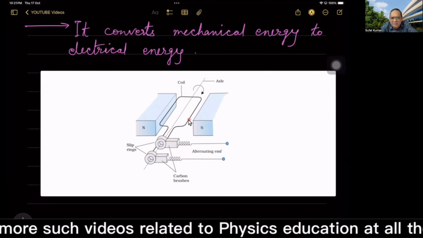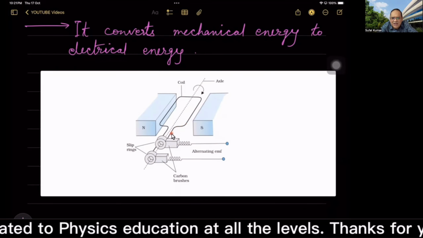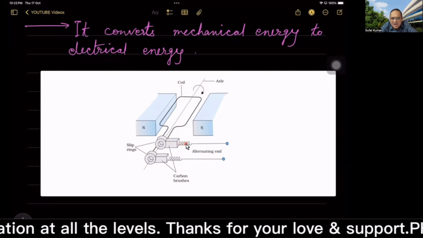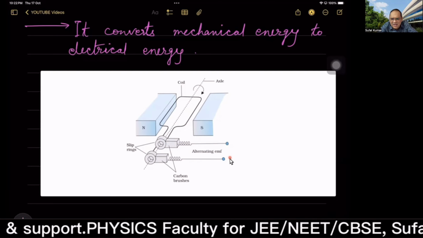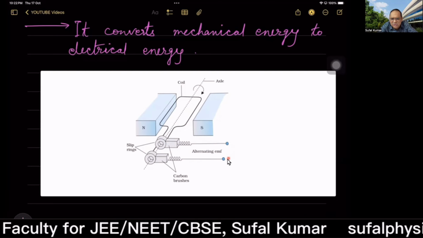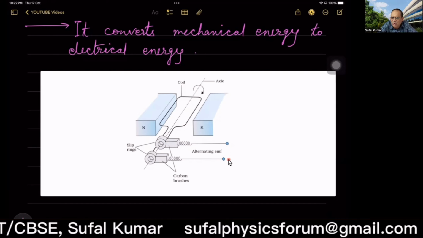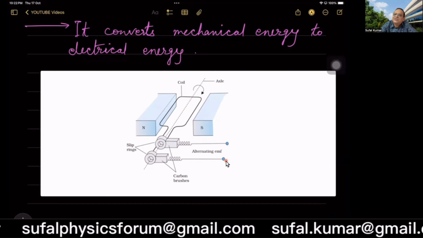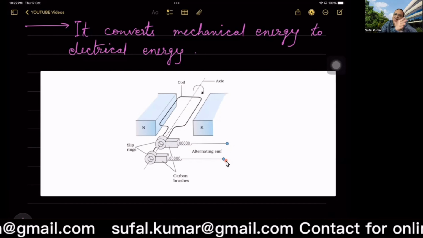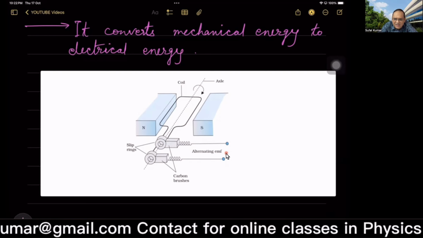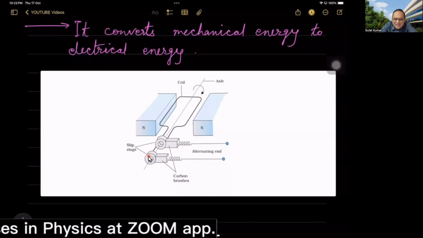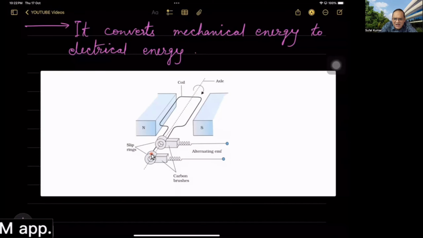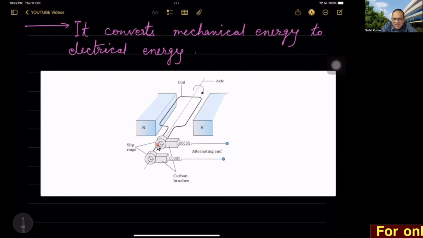This way, after the current appears, it will start going like this, and across these two ends some load will be connected, through which it would be transferred in the forward direction. And see, one hidden line behind this slip ring arrangement, and this way.